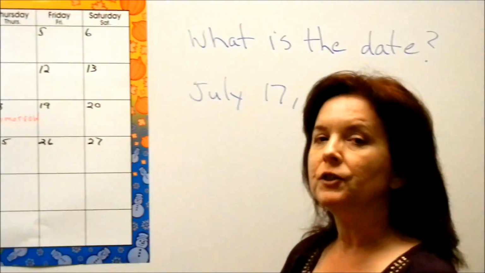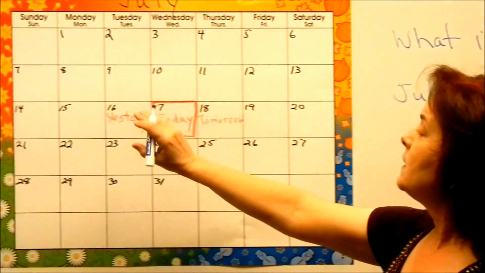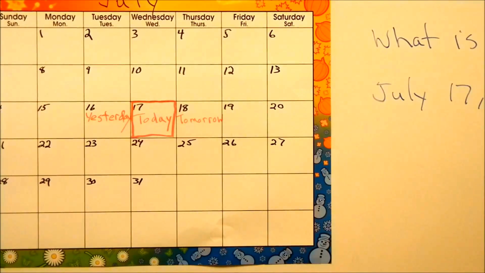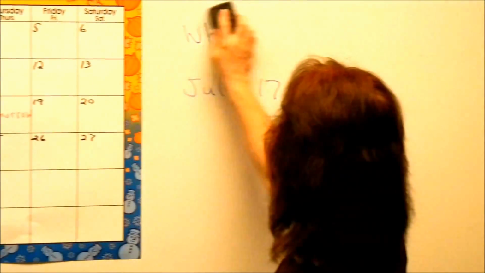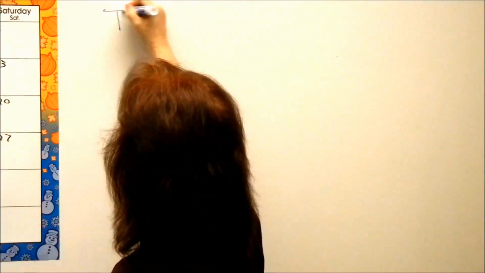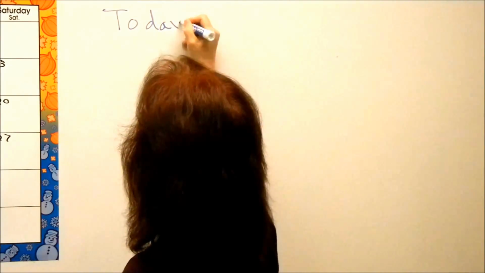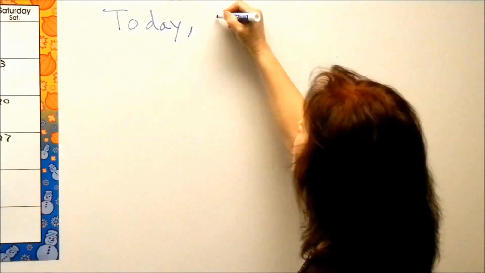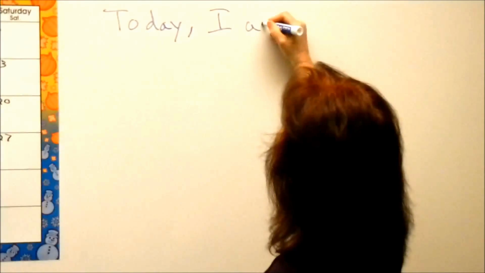Let's try and use today, yesterday, or tomorrow in a sentence. Okay? The easiest way to use those three words in a sentence is to either use it first in your sentence or last in your sentence. For example, today I am in school.